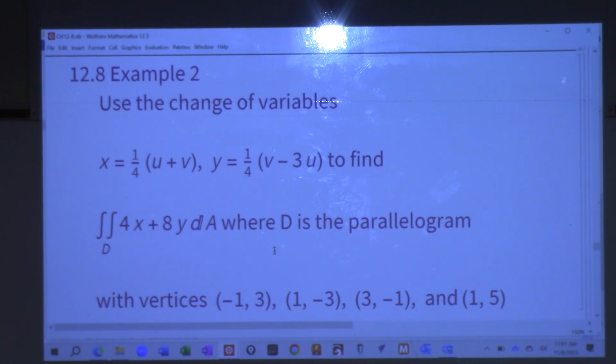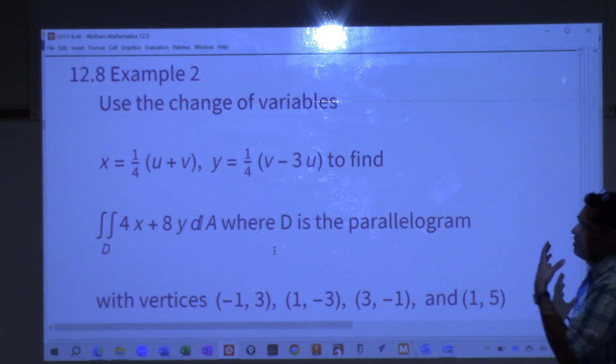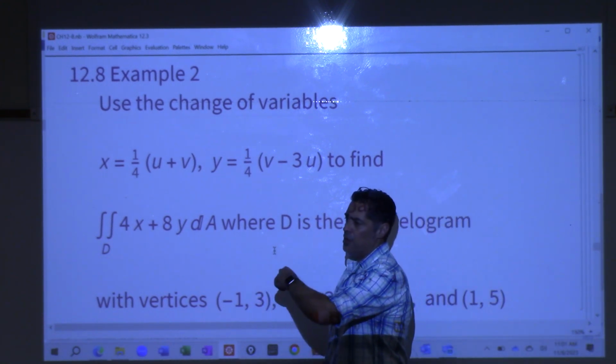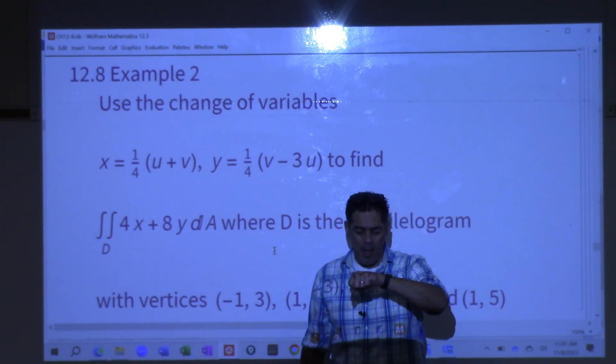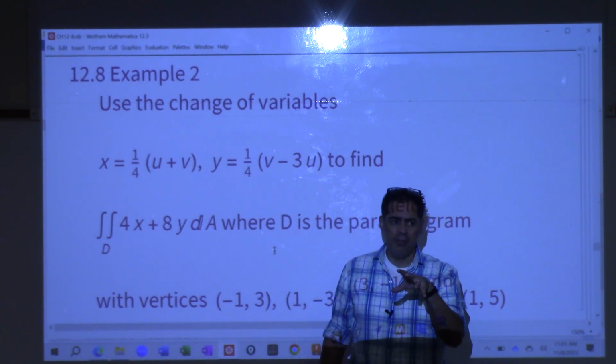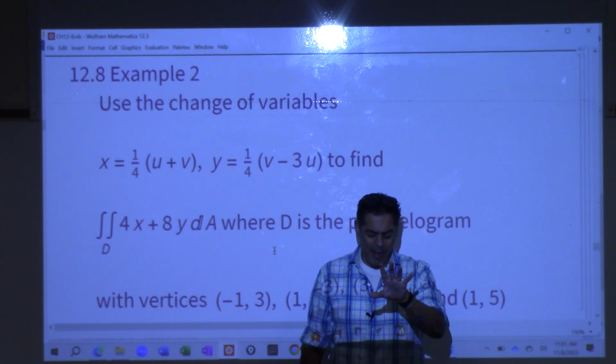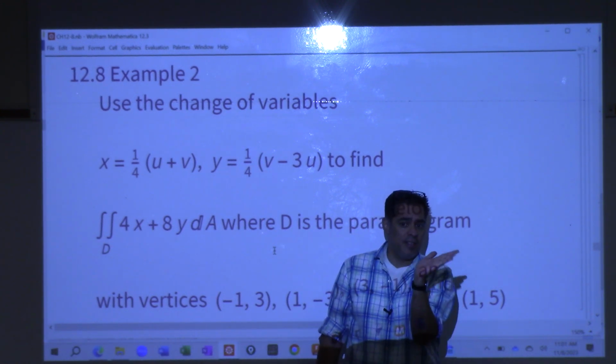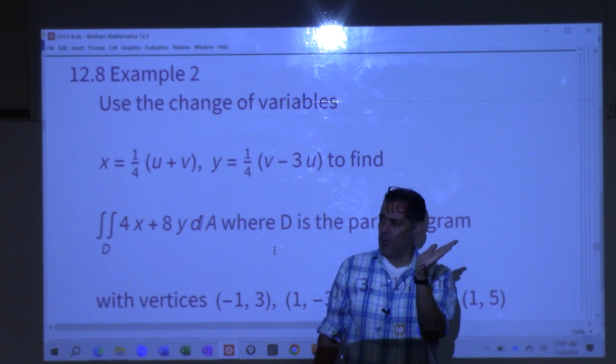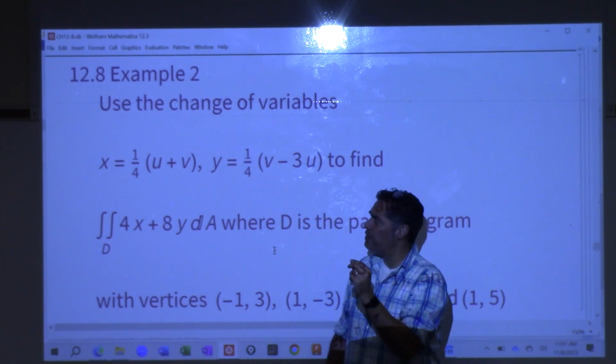Use the change of variables. So here you're given the change of variables. With the polar conversion, it's easy for me to show you visually what we're doing, right? But there's the change of variables.